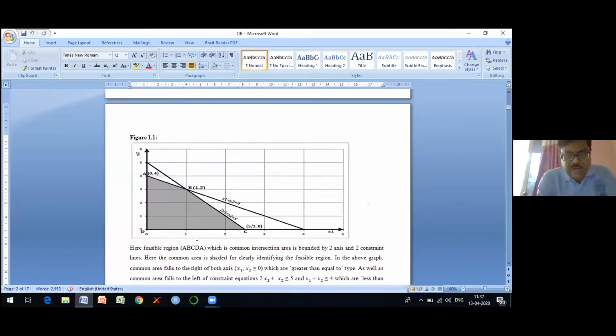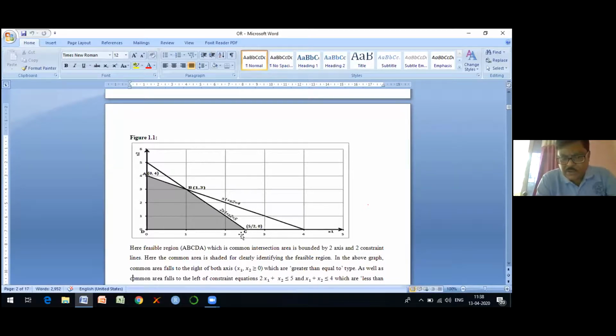Now, we'll consider all these corner points. So what are the corner points there? We have got corner point 0. This is one corner point. Along the x-axis there are two corner points.